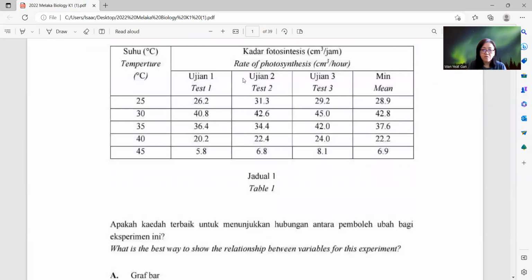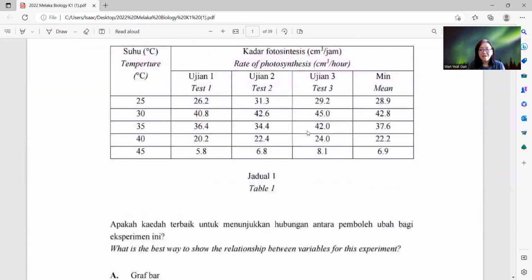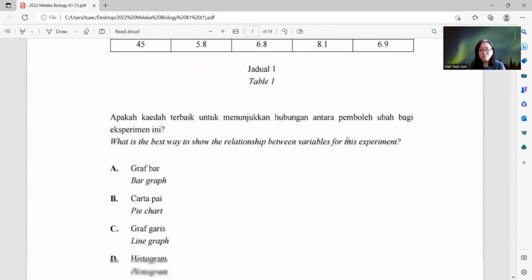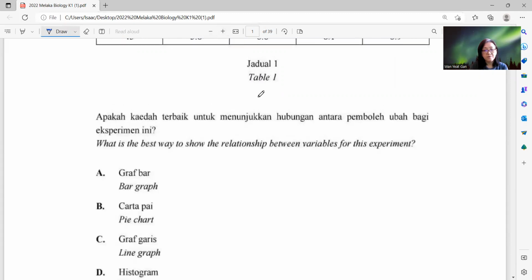So the rate of photosynthesis is the responding variable. Since there are three tests being run with one mean, you obtain a mean here. So the best way to describe the relationship is by using a line graph. The line graph will be able to show the relationship of the manipulated and the responding.